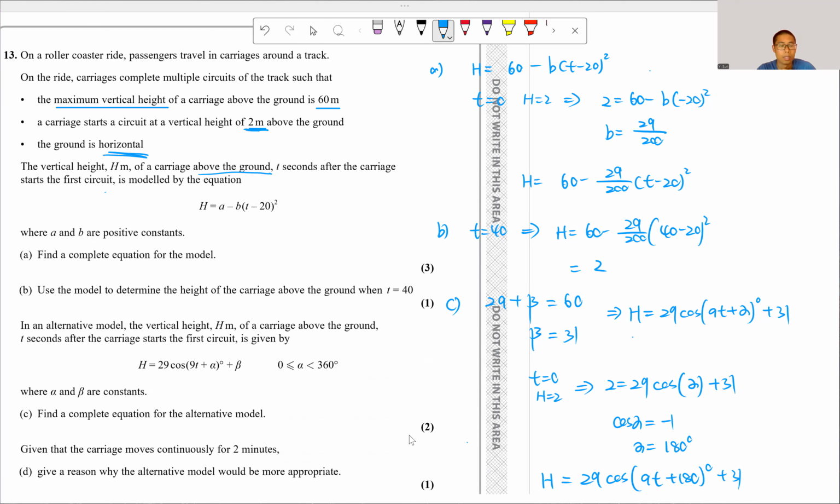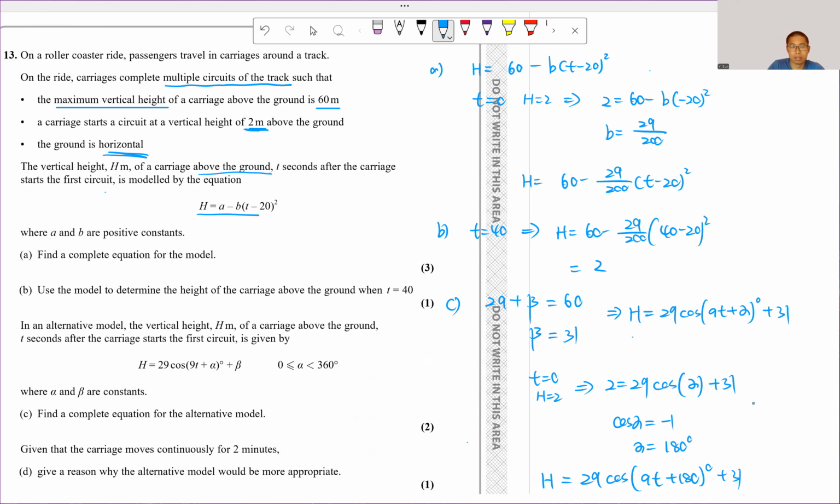Okay, and then part D. Given that the carriage moves continuously for 2 minutes, give a reason why the alternative model would be more appropriate. Because it says carriages complete multiple circuits of the track.